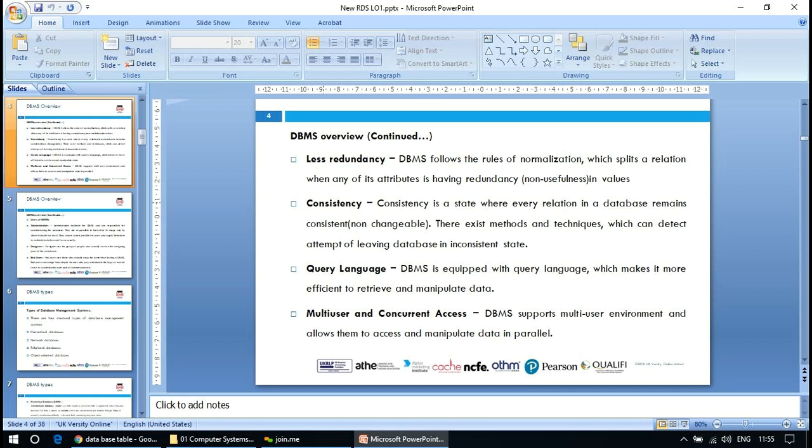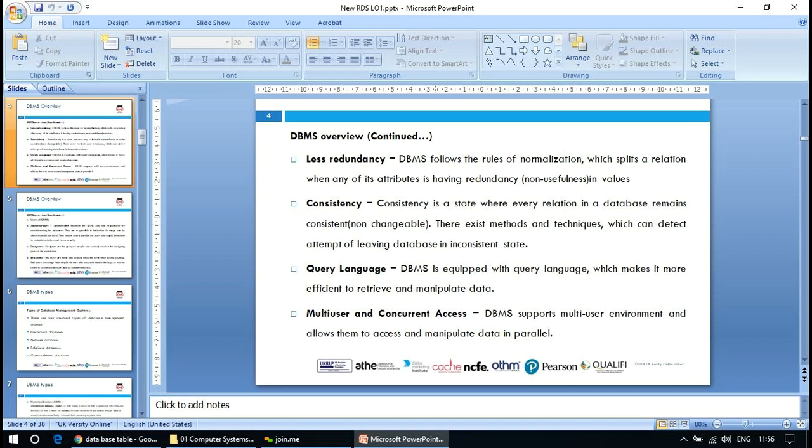Then consistency. Consistency is the state where every relation in a database remains consistent, non-changeable. Non-changeable means once you click the save button, then it's not going to be changed.